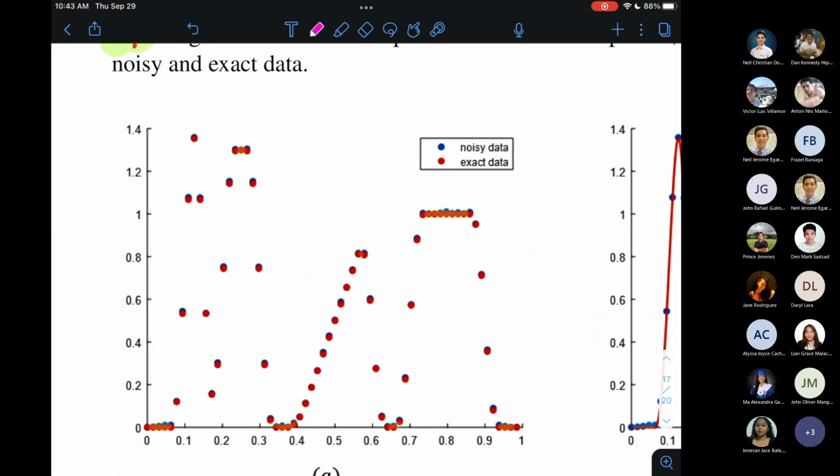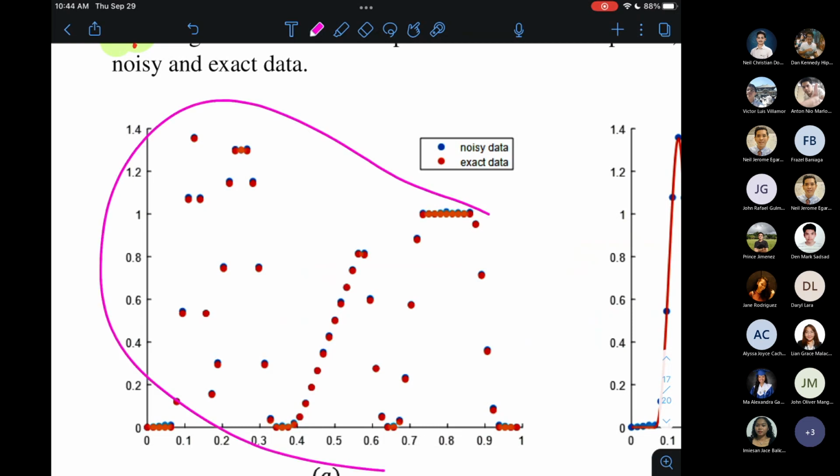So makita nyo, yung eksaktong data ay yung orange, okay, dito sa picture na yan. Tapos ang gagamitin ko ngayong data, halimbawa, kung fieldwork to, kung nag-measure ako sa totoong buhay, ang mami-measure ko dahil merong measurement error yung device ko ay yung kulay blue.